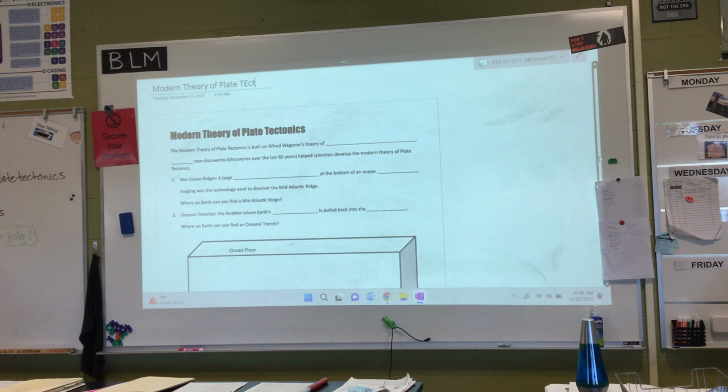You have to open up your notebook. I gave it out a while ago. It's on the back of continental drift notes. So this is on the back of your continental drift. We handed this out a while ago, so if you don't need another one, don't get another one. You already have this, y'all.